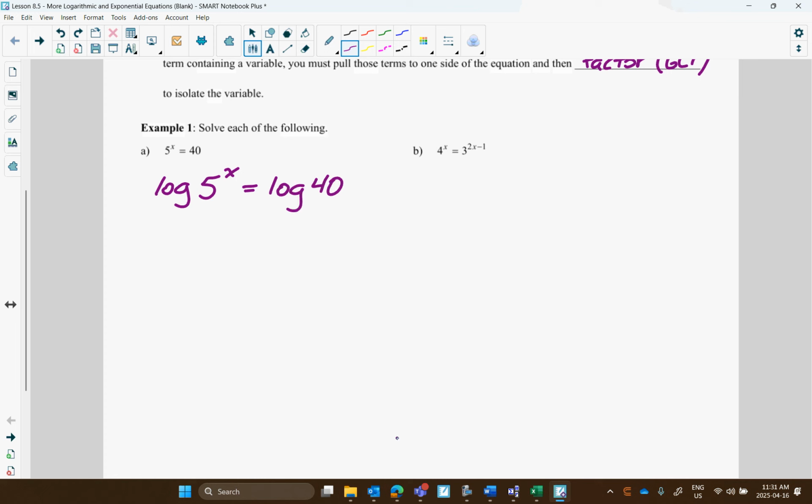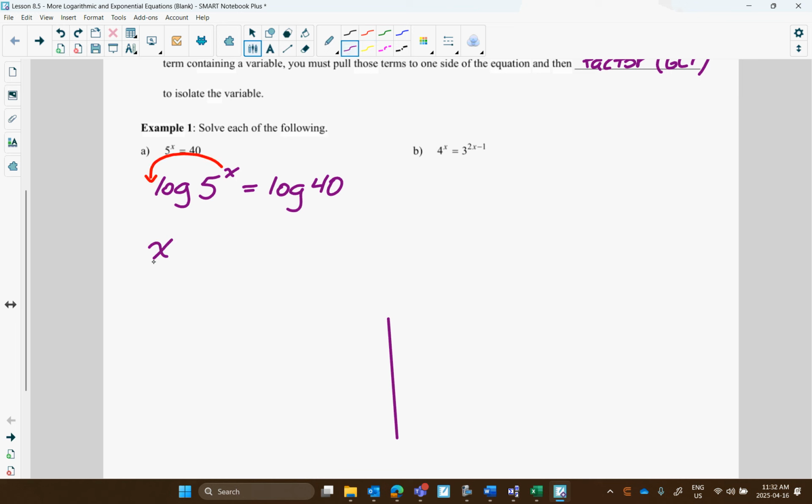Like so. I can do a log law to simplify the left side. What can I do? A power law. I can bring this in front here.